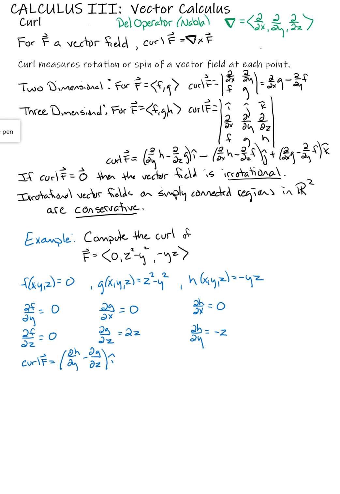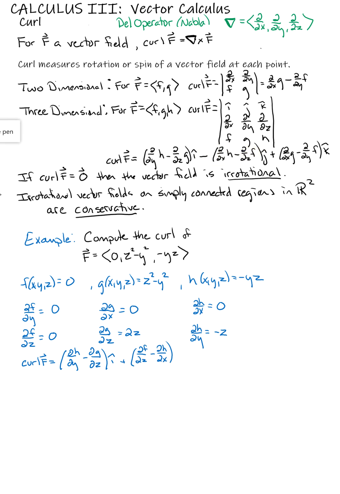I'm going to go ahead now and distribute this negative and commute those. So that's going to give us plus the partial of f with respect to z minus the partial of h with respect to x. Again, notice what I did there. Again, distributing that negative and commuting those.